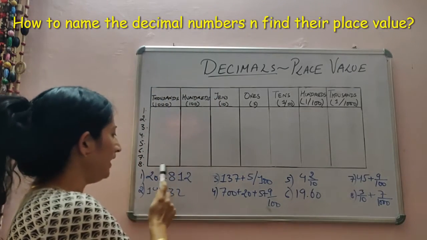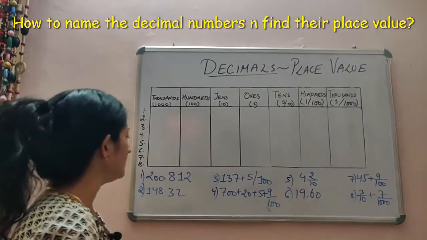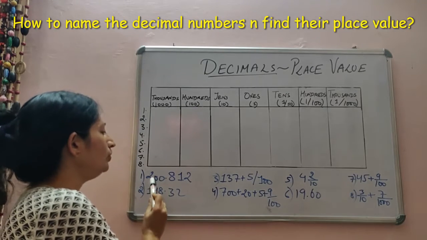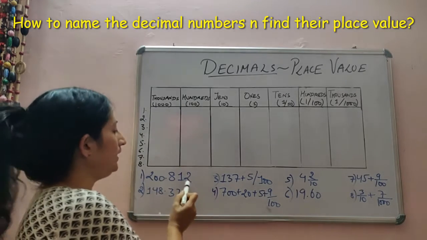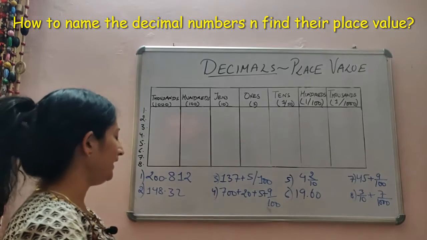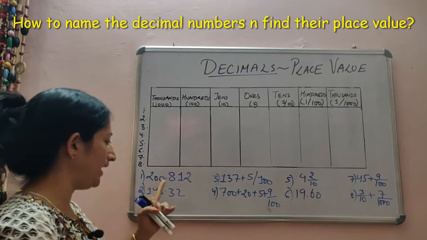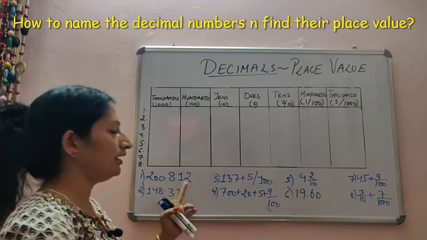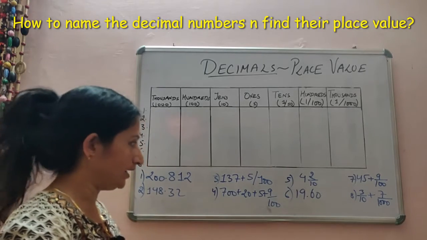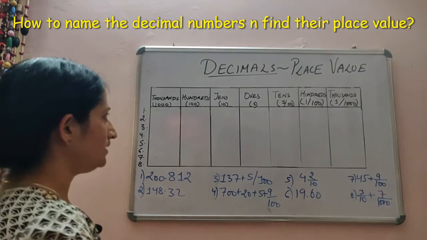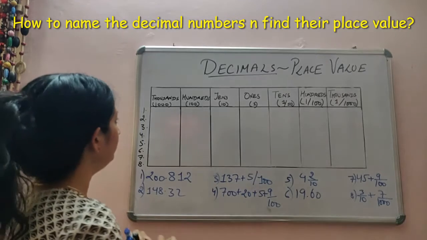So this number, how will I pronounce it first? I'll call it 200.812, or I can call it 200 and 812 thousandths. So let's write this number here.